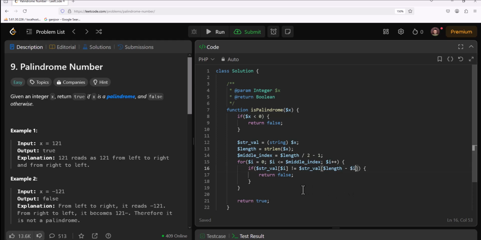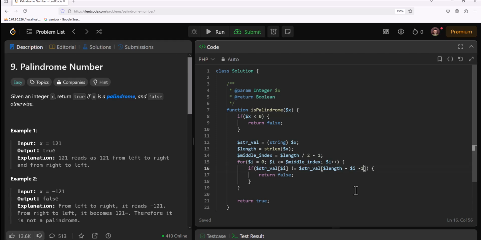So we compare the first letter with the length of, for example, if it's 2 here, -1 -0, it would be 2, and it would be 1. It would be 0. So compare 0 with 2.